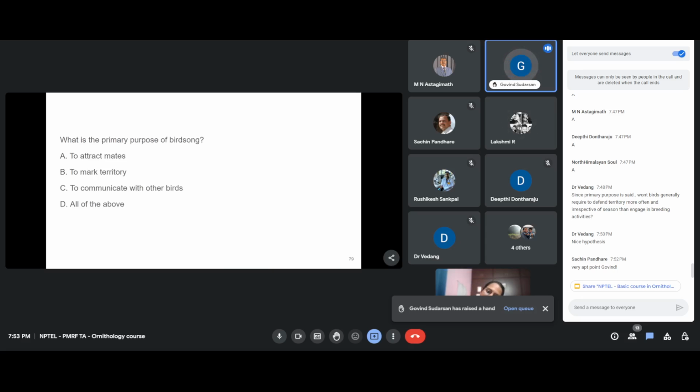My point was, when it comes to bird songs, for option C, to communicate with other birds, simple communication wouldn't require such effort, since bird songs are elaborate and require effort on the bird's part. So I don't think C would apply when it comes to a bird song in particular.